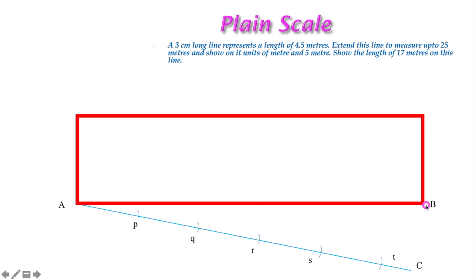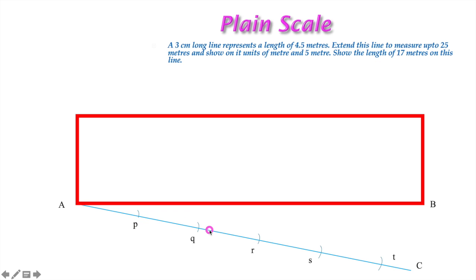Okay, now as it is any line, use a divider and divide this AC line into 5 equal divisions. Each division AP, PQ, QR, there is no certain measurement, you need not measure it, just approximate and divide.